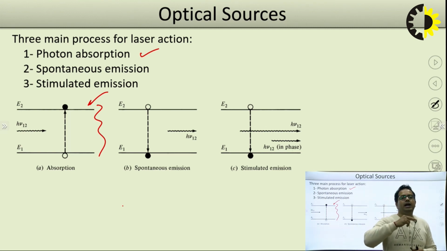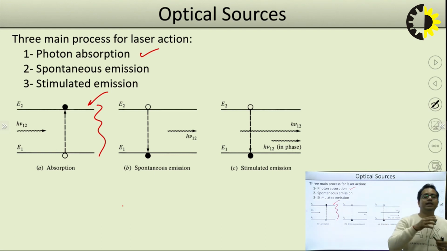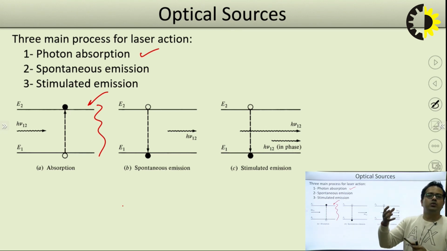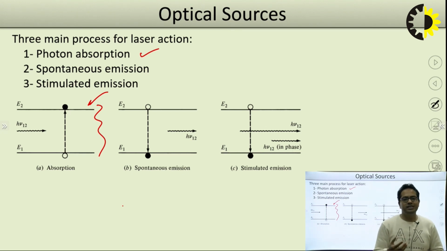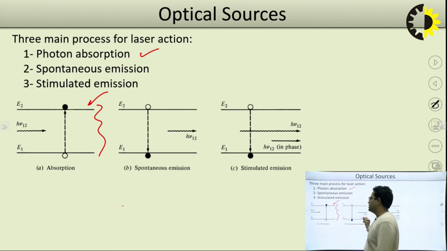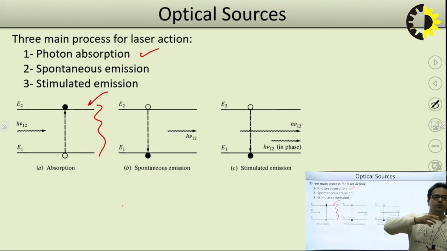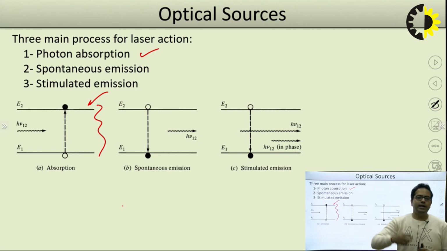While moving from a higher energy level to a lower energy level, it emits a photon. That photon has an energy equal to the band gap of the material, that is h nu 12, where 12 denotes the transition from one state to another.